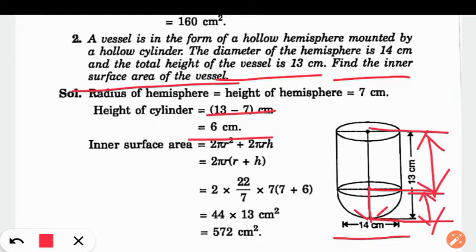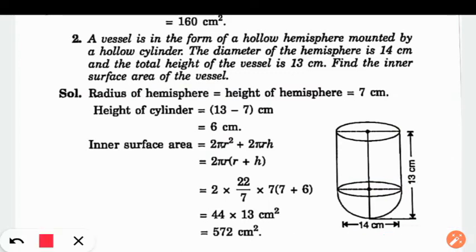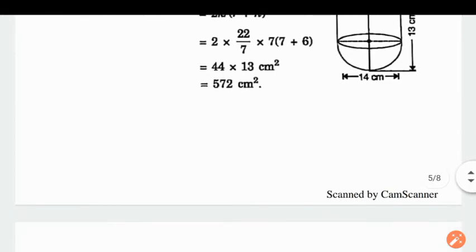Surface area of the hemisphere plus surface area of the cylinder. The surface area of the hemisphere is 2 pi r square, and the surface area of the cylinder is 2 pi rh. You know what r is, what h is here. You will get 572 centimeter square.